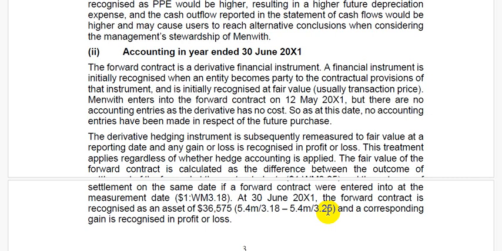So we are benefiting on the hedge by 36,575. So there's a gain. If we had not hedged, we would have paid 1.69 million US dollars, but the hedge is giving us 1.66, so there's a gain of 36,575. And this gain we take it to profit and loss.